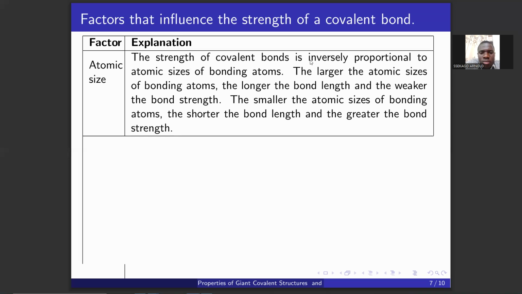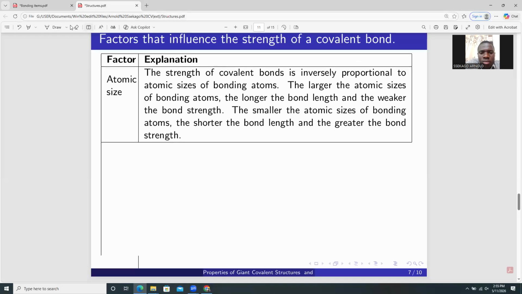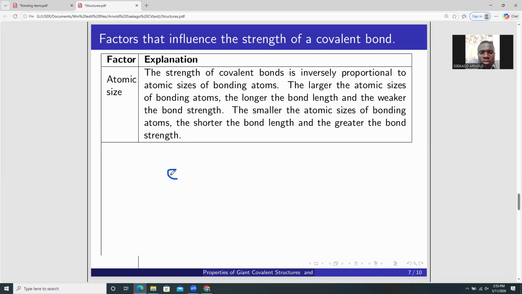First of all, what is a covalent bond? In class, I defined it. Recall from your notes, a covalent bond is a type of chemical bond formed when electrons are shared in pairs between bonding atoms.